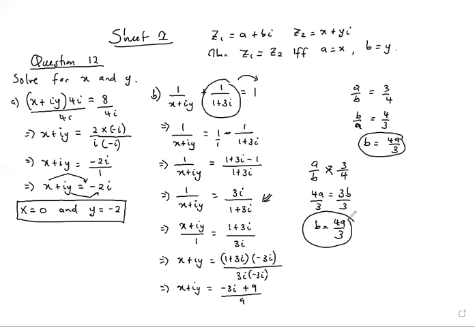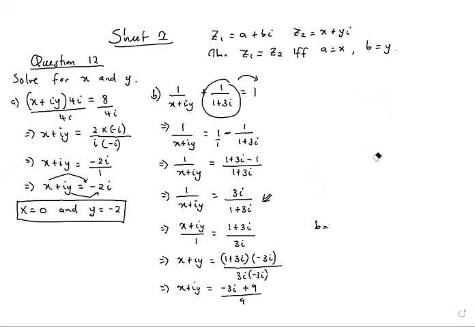The question is asking us to find x plus iy. So if it's in the denominator, we can push it in the numerator for as long as we change also on the right. So this one now becomes x plus iy is equal to negative 3i over 9 plus 9 over 9, which is 1 minus 1 over 3i.